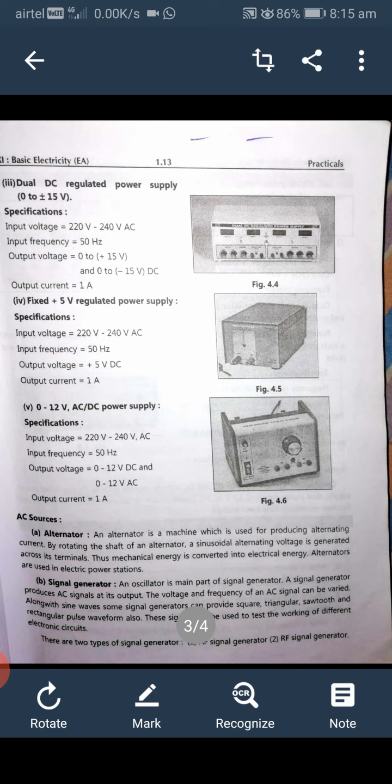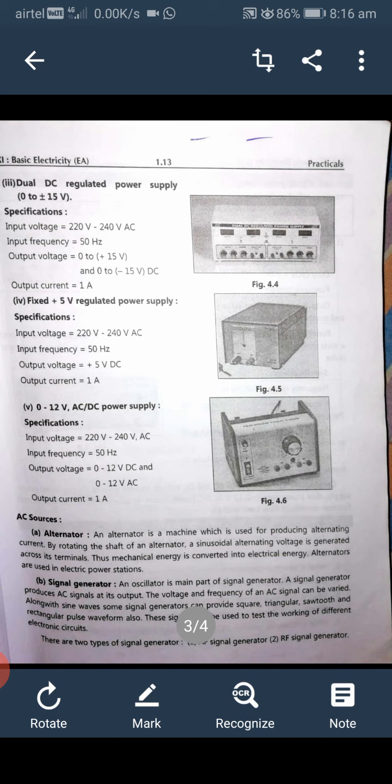Signal generator. An oscillator is the main part of a signal generator. A signal generator produces an AC signal at its output. The voltage and frequency of an AC signal can be varied along with sine wave.